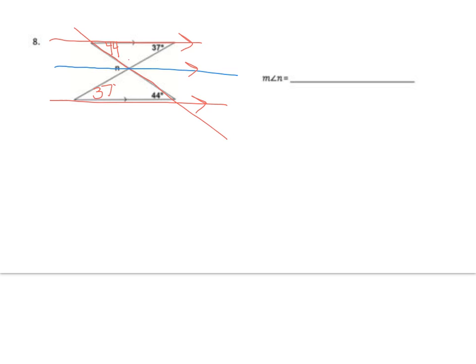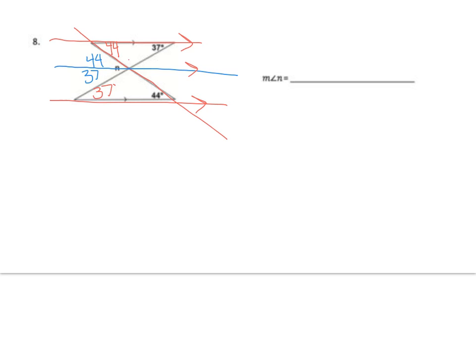Okay, so we know that this one is 44 degrees because we have alternate interior angles. And we know, let's see, this is 37 degrees because we have alternate interior angles.